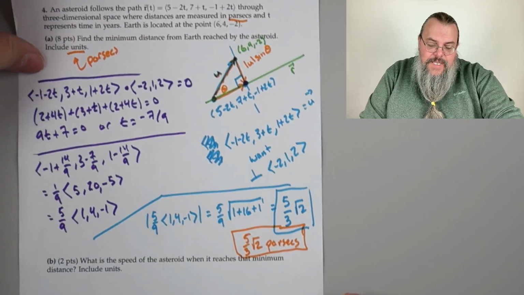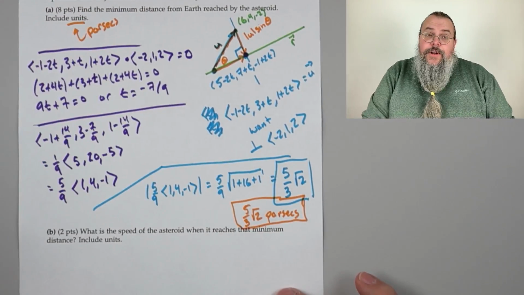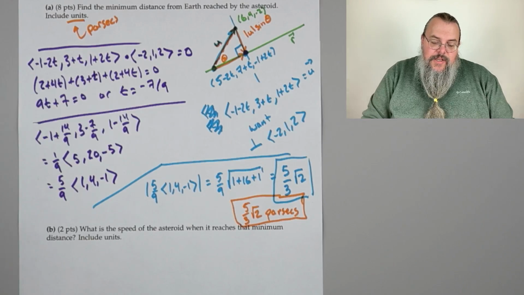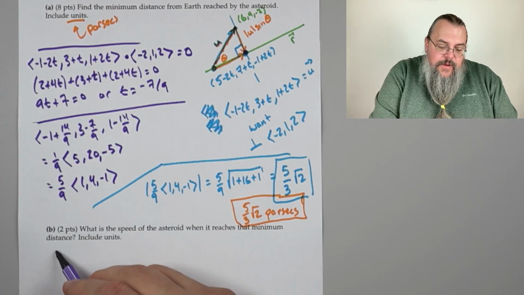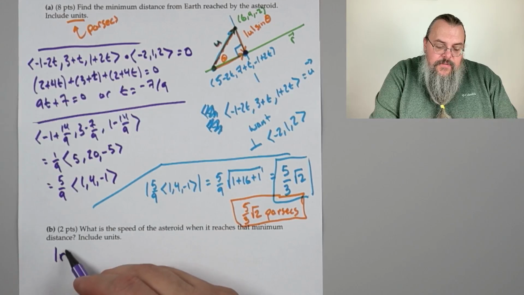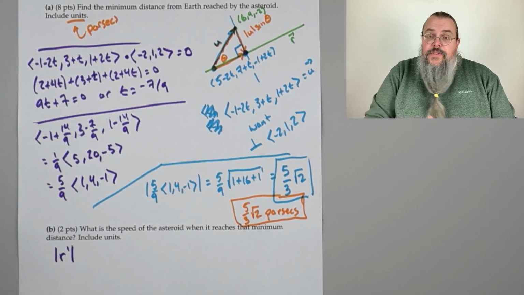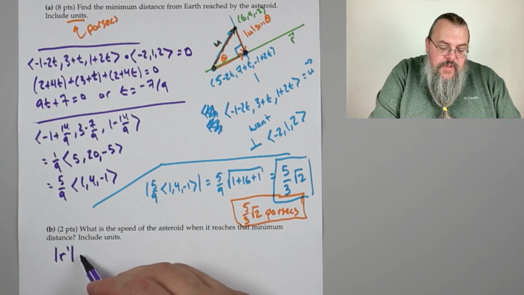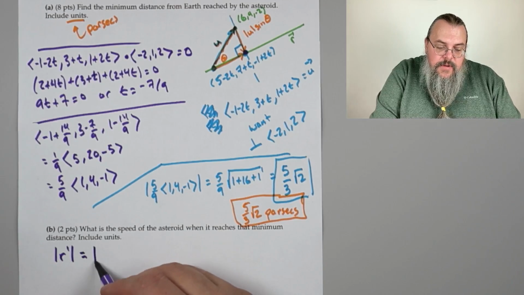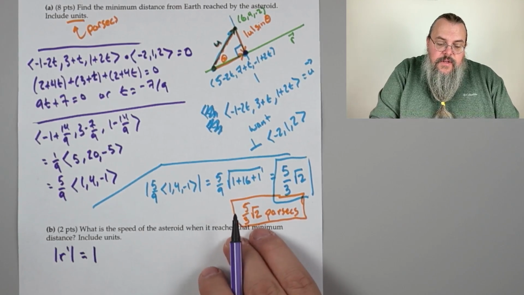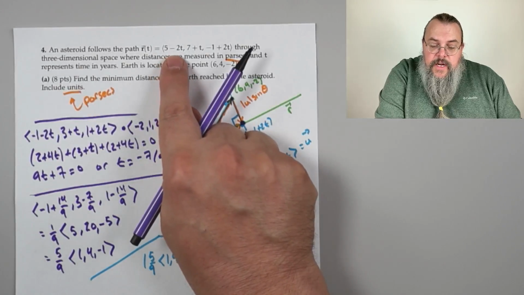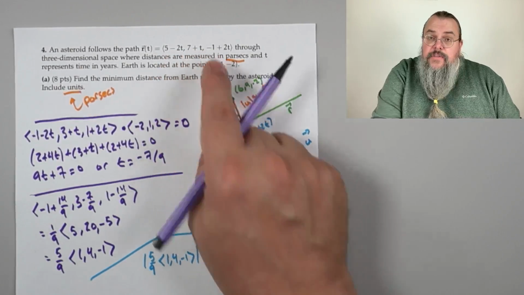What is the speed of the asteroid when it reaches the minimum distance? Now, speed, remember, is found by taking the magnitude of r prime. r prime is velocity, magnitude of r prime is speed. When you take the derivative of each entry, r prime is (-2, 1, 2).